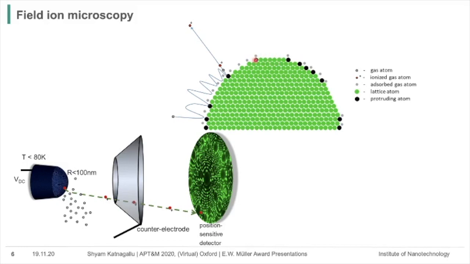So these atoms would be imaged brightly, and this gives rise to the contrast in the field ion micrograph. However, the contrast arising because of the chemistry, that is, the different chemistries of the atoms inside your tip, is still a matter of debate.